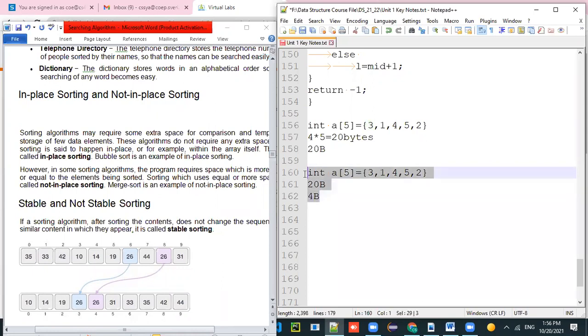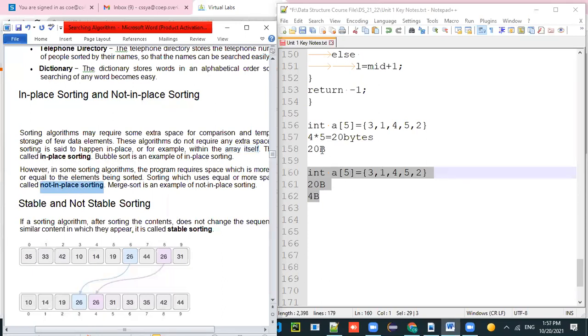If the algorithm uses some extra or temporary memory for comparison purposes, this kind of algorithm is called a not in-place sorting algorithm.